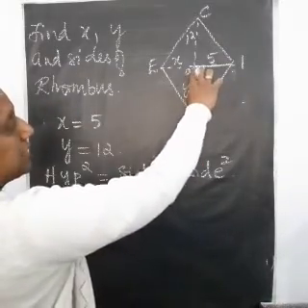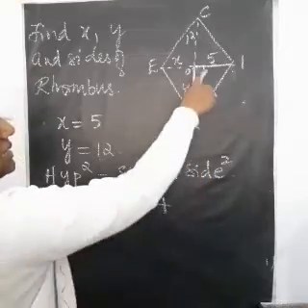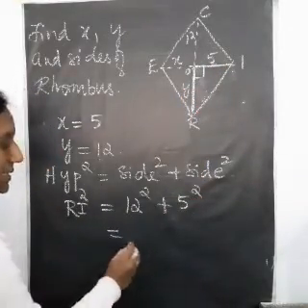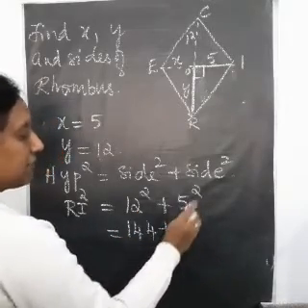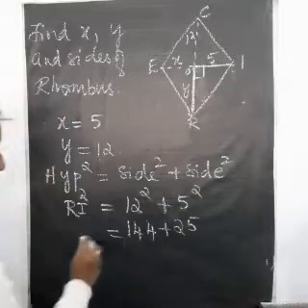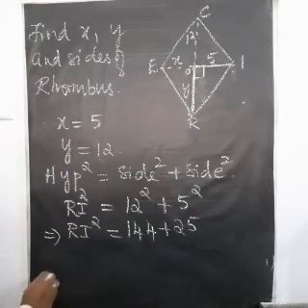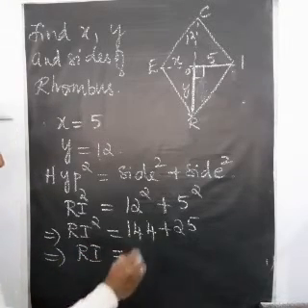So RI squared is equal to, one side is y squared. What is y? That is 12 squared, plus the other side is 5 squared. 12 squared is 144 plus 5 squared is 25. So RI squared is 144 plus 25, which is 169. So what is RI equal to?